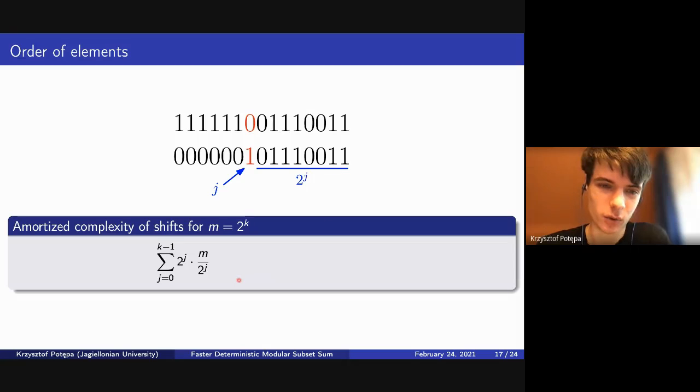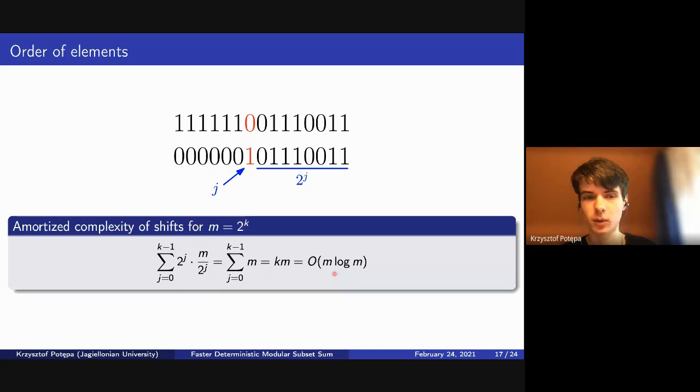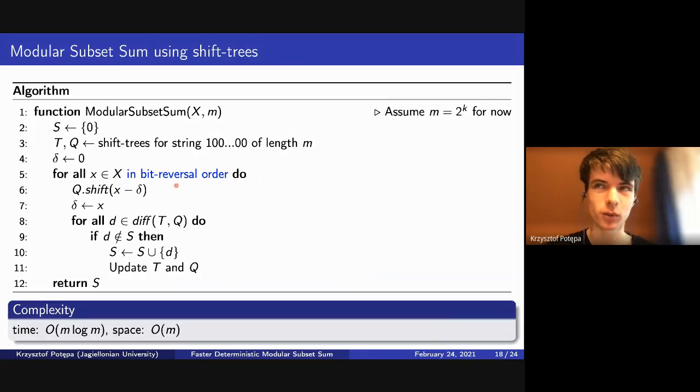So now if we sum over all bits, we get something like this. And this is exactly m log m. We get m log m amortized complexity for shifts. So, that's it. Now if we plug it into the algorithm, we get m log m time randomized. It's randomized because we use hashes for now.